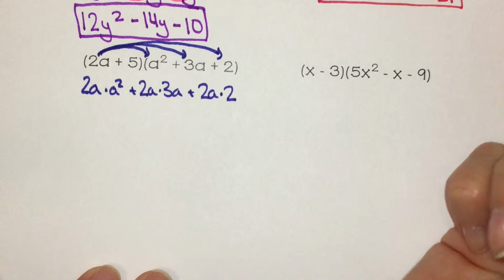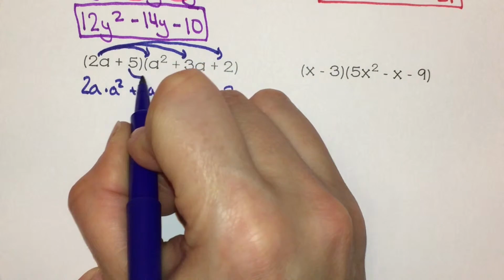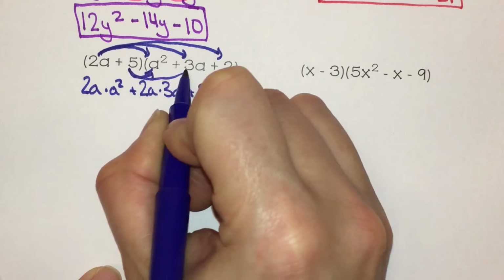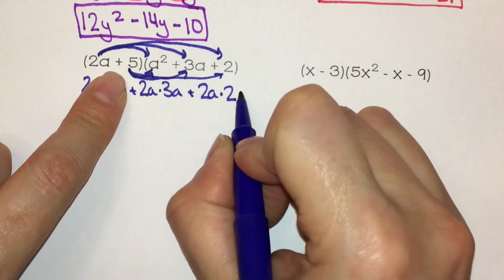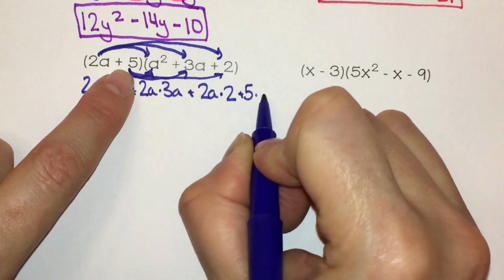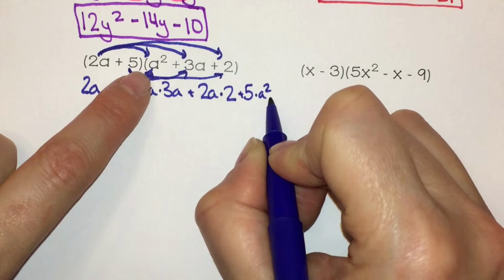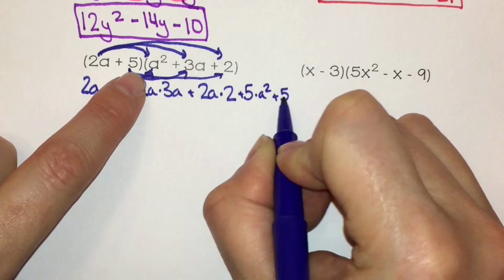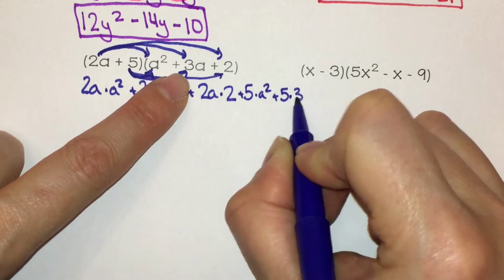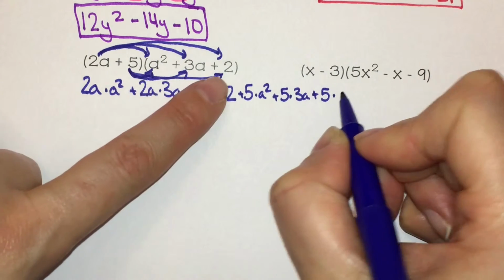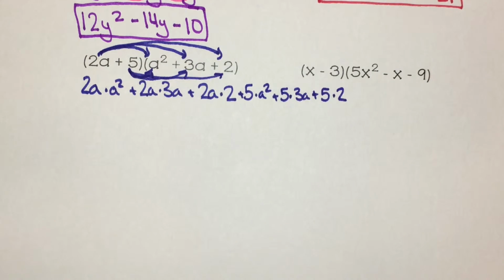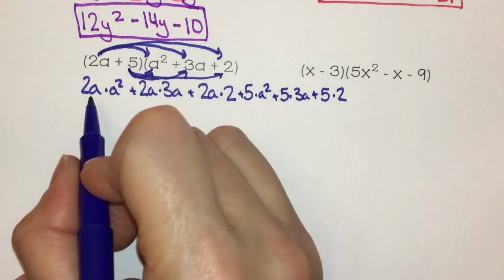But now we also have to distribute that second term in the first parenthesis with everything in the second parenthesis. So we have plus 5 times a squared plus 5 times 3a plus 5 times 2.